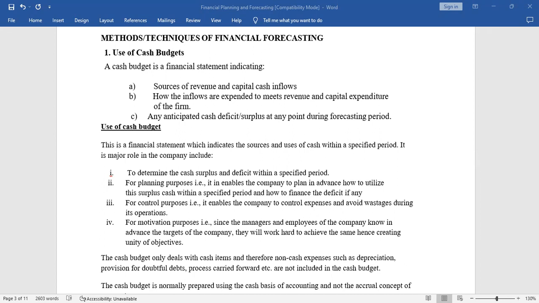Today, I want us to look at the techniques of financial forecasting. Last time, we looked at the various steps or the process that we involve in financial forecasting. Today, I want us to look at the methods or the techniques that we utilize in financial forecasting.